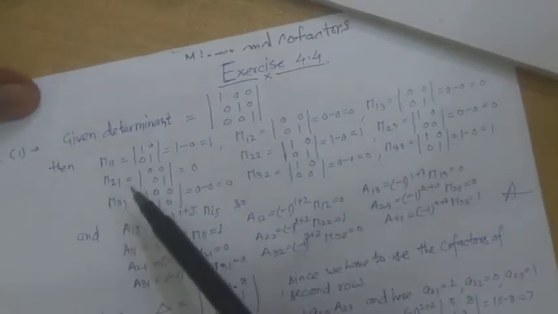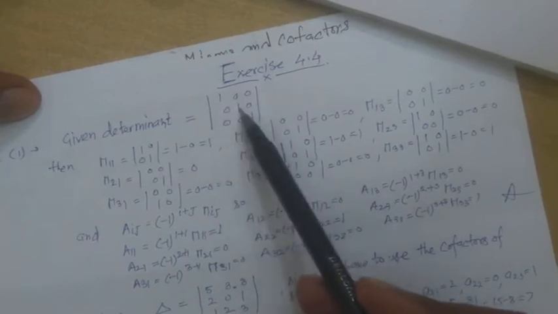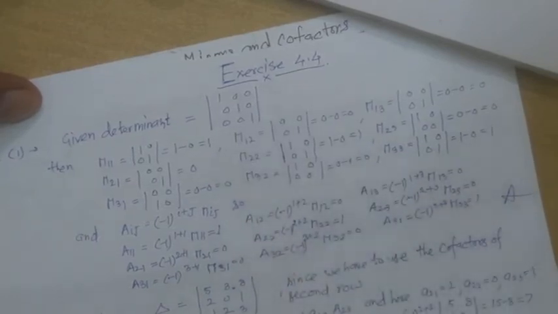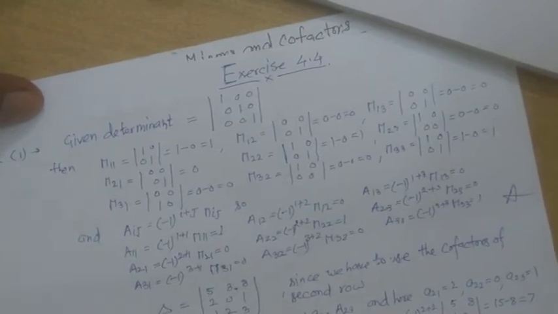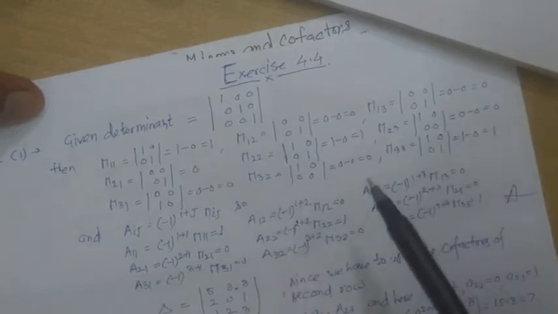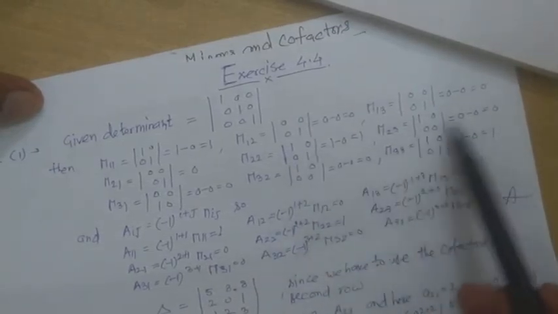M21 means second row and first column. Similarly, we can find all the minors.